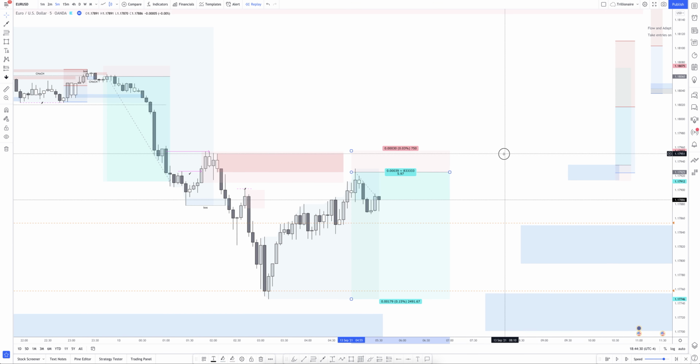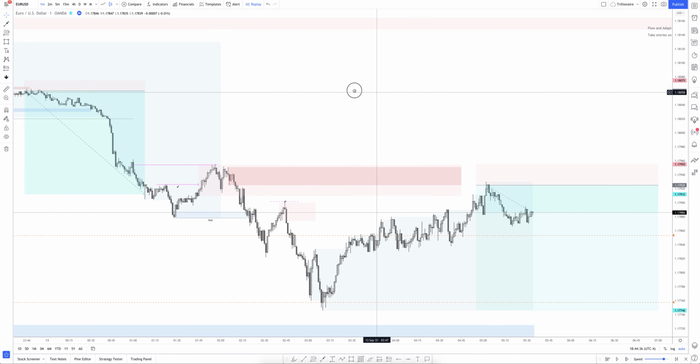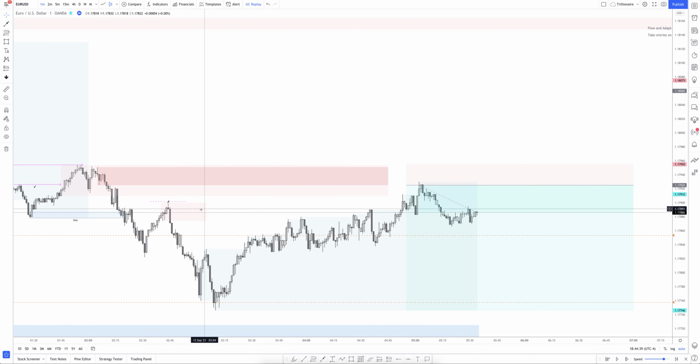Now, if we go to the 1 minute time frame to look inside of this area here, let's see what's going on. So we mitigate something over here. So we have a mitigation here.